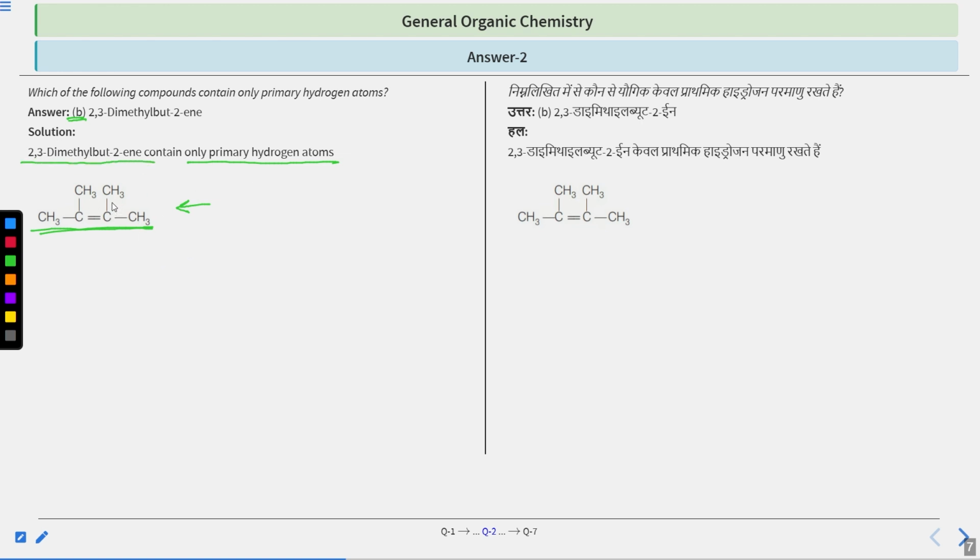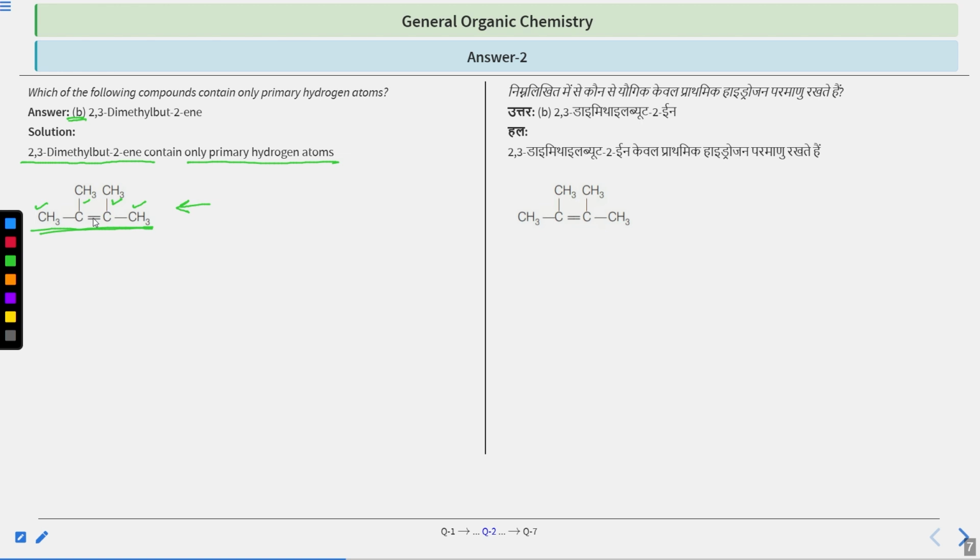And if you see, it contains only primary hydrogen atoms, because all the hydrogens in this structure are directly attached to a carbon which is singly bonded to another carbon, similarly in this case as well as in this case.